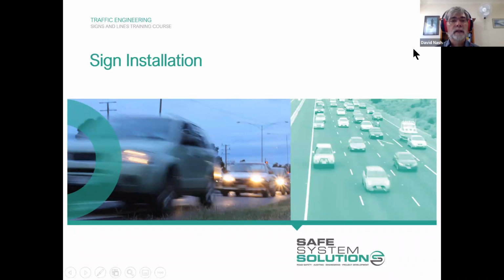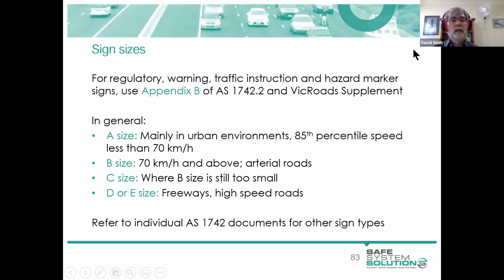So our last little topic is about sign installation. Information about sign sizes is in Appendix B of the Australian Standard Part 2. Basically it says, and this is fairly nebulous advice, I suppose, the A size is used mainly in urban environments and where the speeds are less than 70 kilometres an hour.